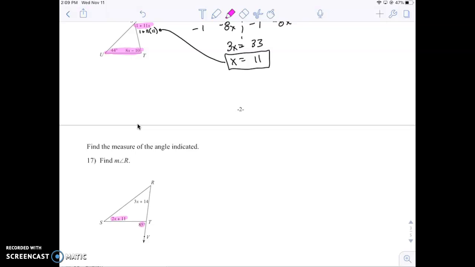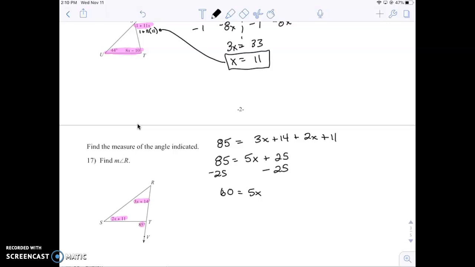My exterior angle is equal to the sum of the interior angles. 85 equals 5x plus 25. You know why I'm subtracting the 25. You don't know why I wrote a 3, and neither do I. Now here's the challenge.